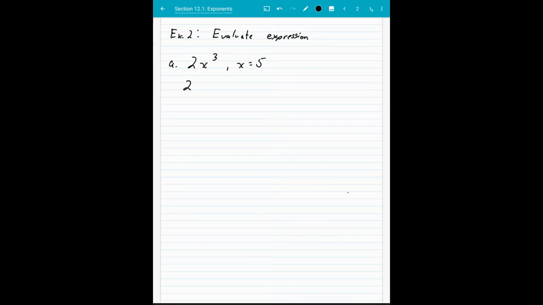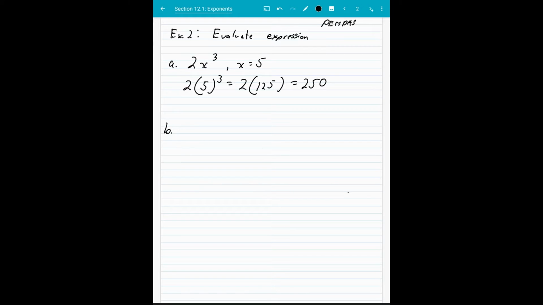So what we do is we do 2 times parentheses 5 to the third power. You have to put this in parentheses. Go ahead and evaluate your exponents first, because according to PEMDAS, exponents come before multiplication. 5 to the third power is going to be 125. 2 times 125 would then make 250. That's all there is to this problem.